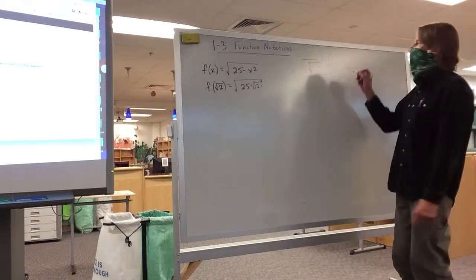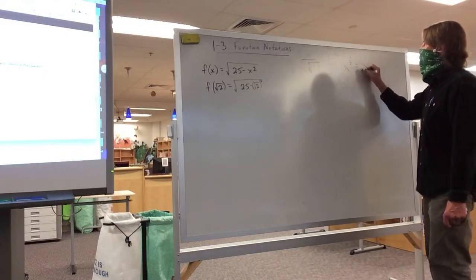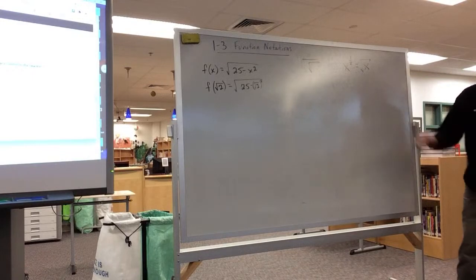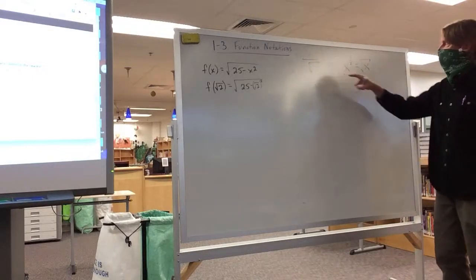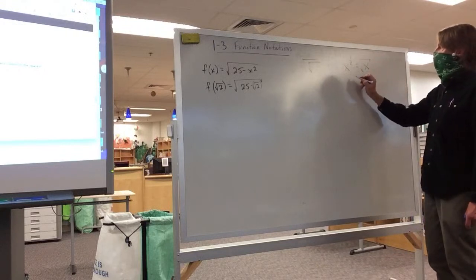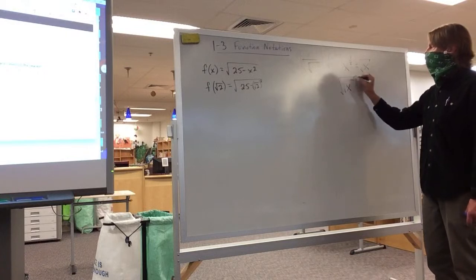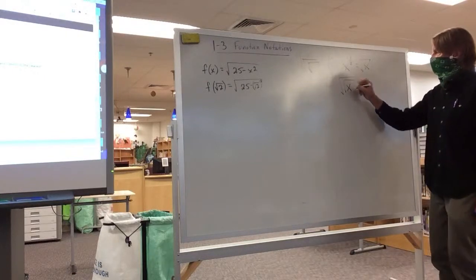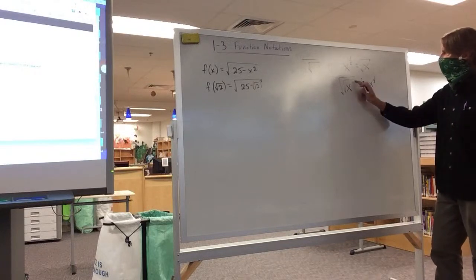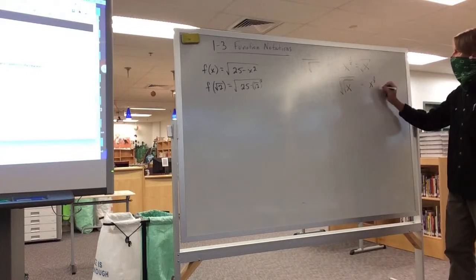So you remember, this right here is the same as the square root of x. So if I have the square root of the square root, inside of here is x to the 1/2, and then you have x to the 1/2 again.